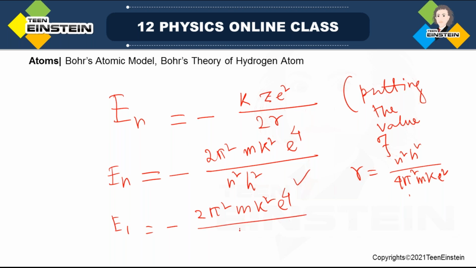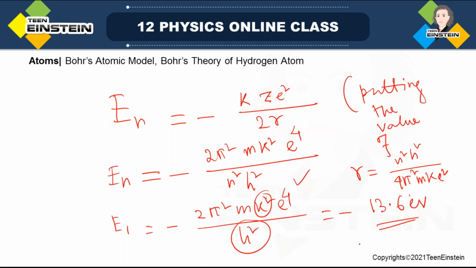So you put the values of h, the Planck constant, k which is 9 into 10 to the power 9, and e, the electronic charge, and you know what you get. Finally, you will get minus 13.6 electron volt when you put all those values and calculate.